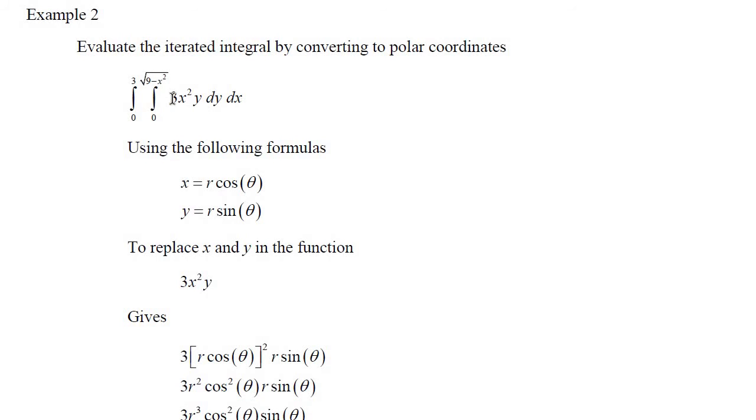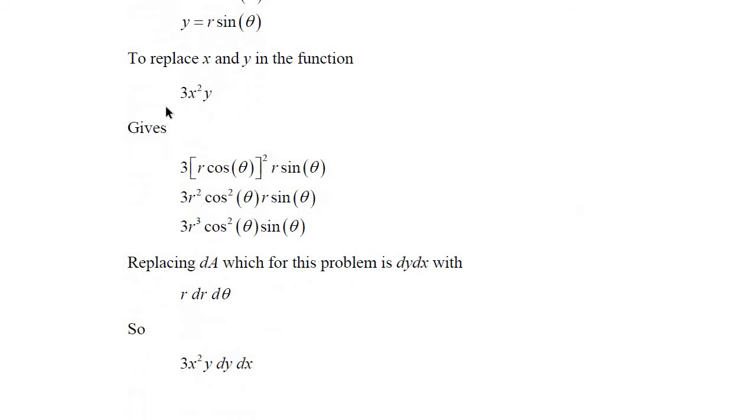So where we have this 3x squared y, I'm going to replace x with r cosine theta, and I'm going to replace y with r sine theta. So when I do that, that's going to give me 3, well, the x, that's r cosine theta squared. The y is r sine theta.